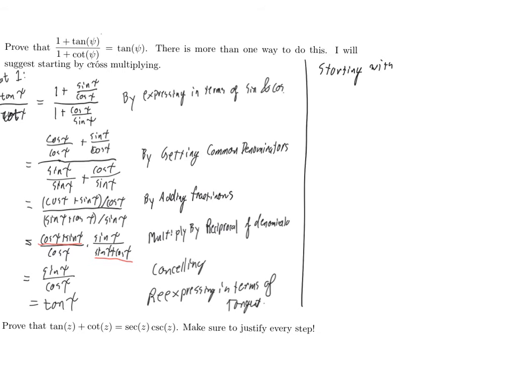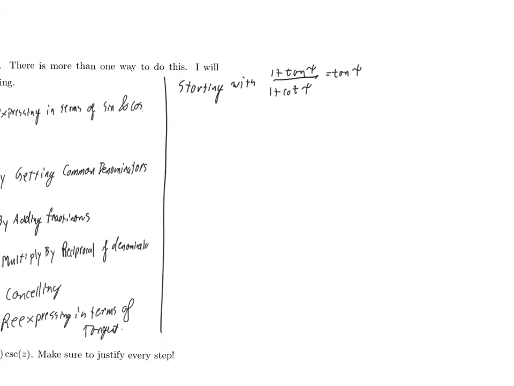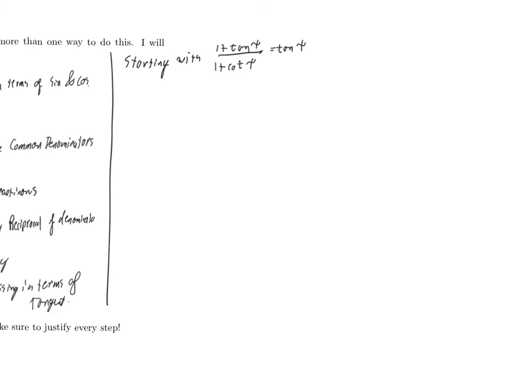I want to prove that 1 plus tangent psi all over 1 plus cotangent psi equals tangent of psi. So there's the thing that I want to prove, and we'll do it by manipulating the whole equation.